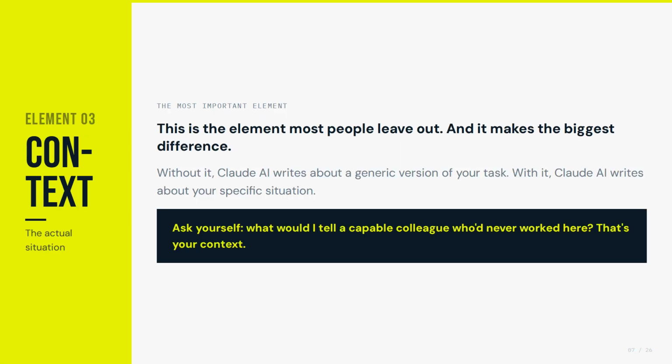Element 3, context. And this is the big one. Context is the actual situation. What happened, what's going on, what Claude AI needs to know about your specific circumstances to understand this task, rather than a generic version of it. Context is the element most people leave out, and it's the element that makes the biggest difference.